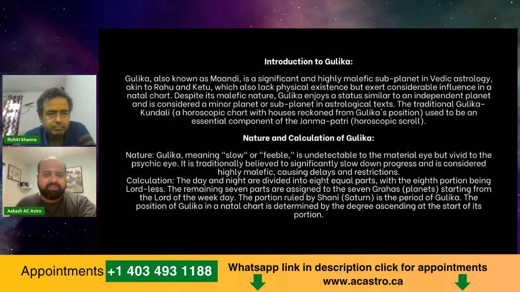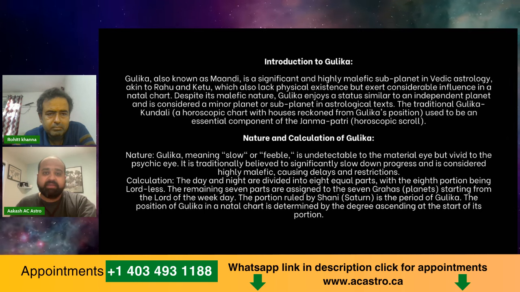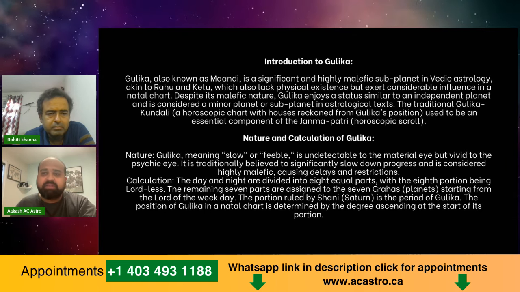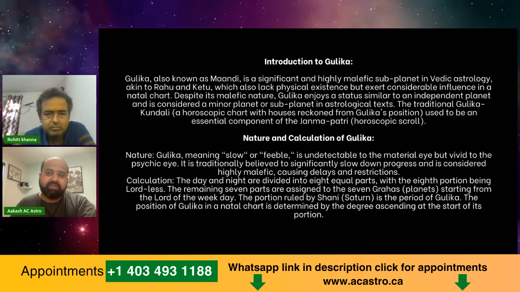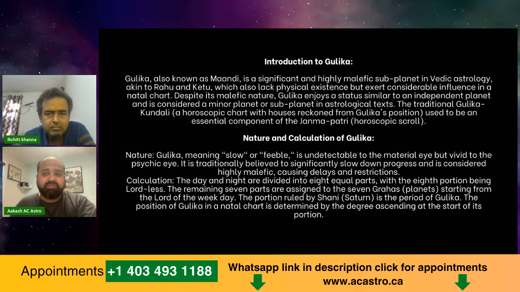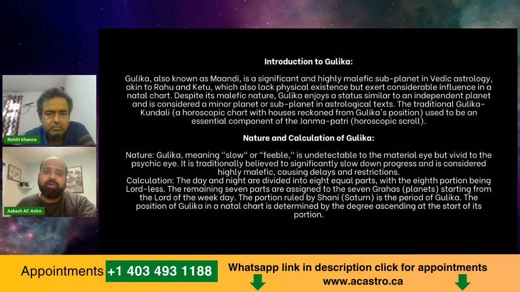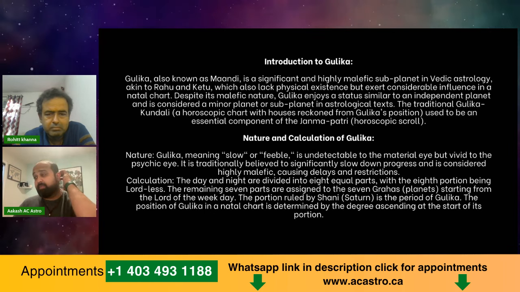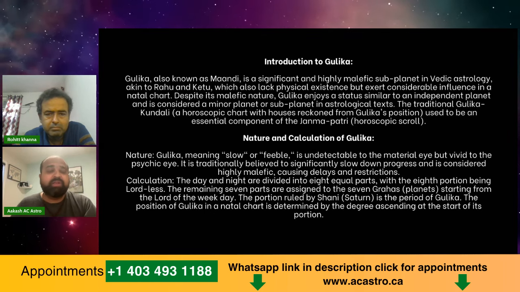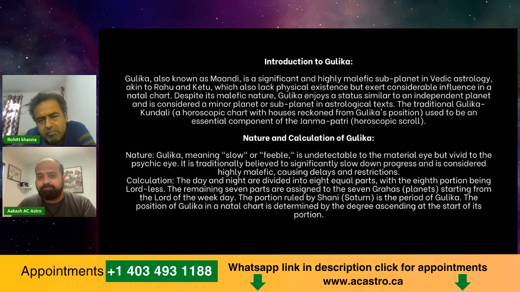Despite its malefic nature, Gulika enjoys a status similar to an independent planet and is considered a minor planet or a subplanet in astrological texts. The traditional Gulika Kundli, a horoscope chart with houses reckoned from the Gulika position, used to be an essential component of Janma Patri. That means sometimes when you know that nothing is working out, then you see where the hell is Gulika. Is it because of that reason?